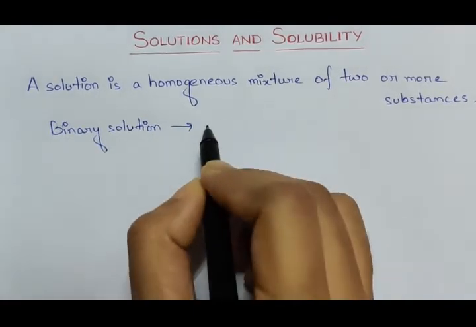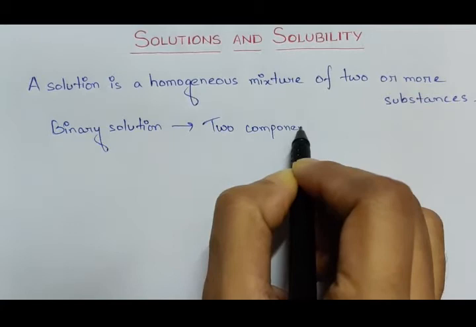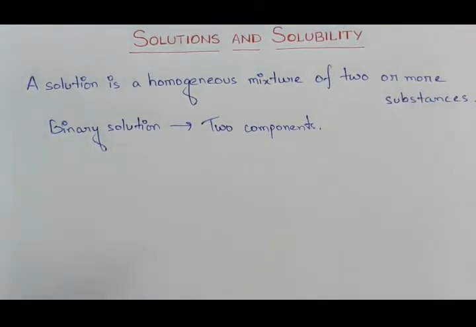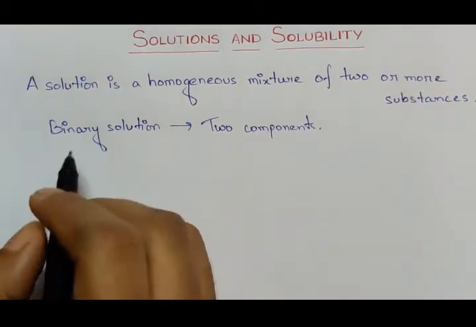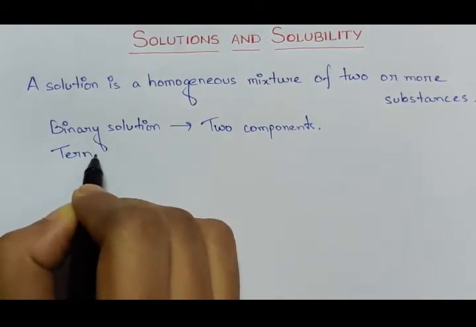That means it contains only two components. Now when it is more than two, that means if the solution contains three or four components, in that case it is called ternary or quaternary. For three components it is called ternary.